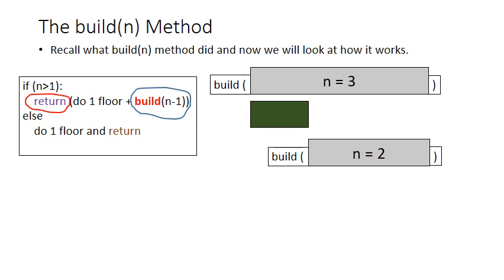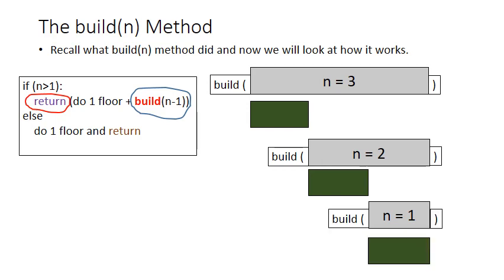As n is greater than 1, I'll do the same thing. I'll do 1 floor, which is marked green, and pass the remaining to the next person. As n is greater than 1, I move to the L section, and I do 1 floor, and then I return. I do not have anything more to build.